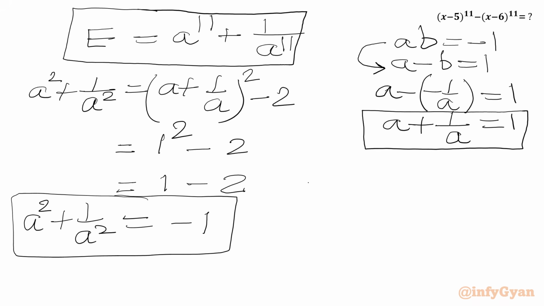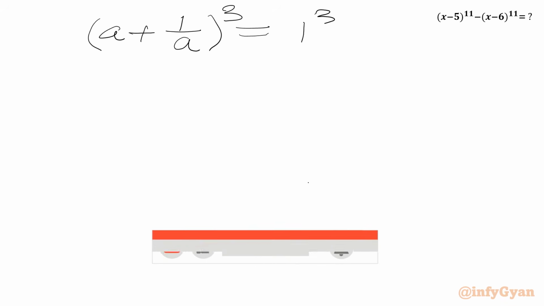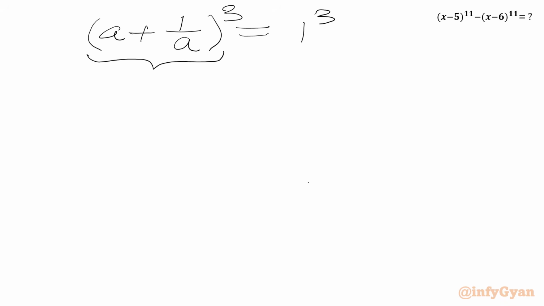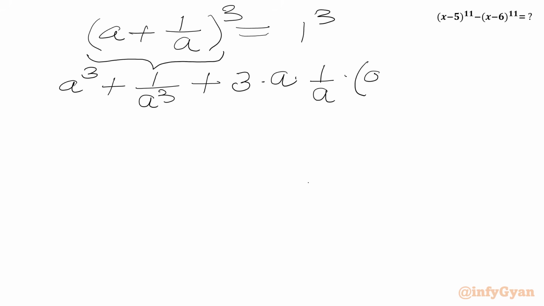Now we'll find A cube plus 1 over A cube. So we'll be cubing both sides. I will write A plus 1 over A equal to 1. Let's cube both sides. We'll use (a plus b) whole cube formula. So we'll be writing here A cube plus 1 over A cube plus 3 times A times 1 over A times (A plus 1 over A) equal to 1 cube, which is 1. We'll cancel A from numerator and denominator.